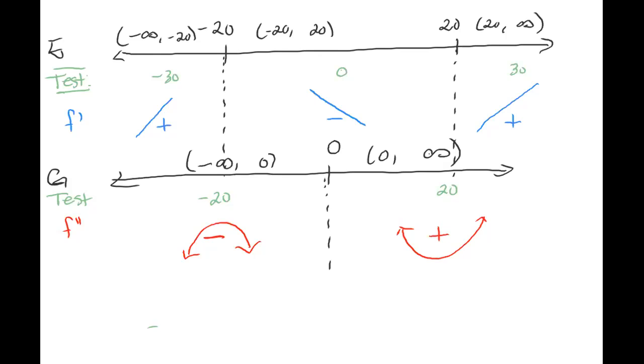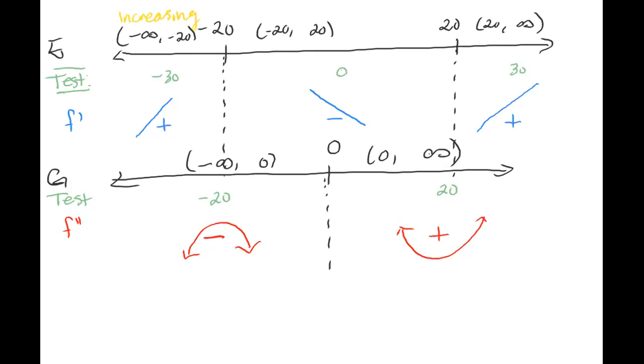All right, what could I say now? What are my conclusions? I could say that in the interval from negative infinity to negative 20, the graph is going up from left to right, which means it is increasing in that interval.